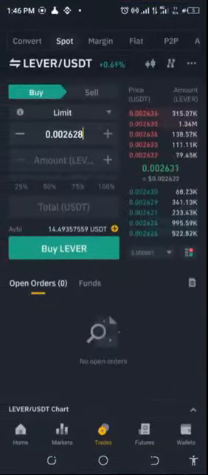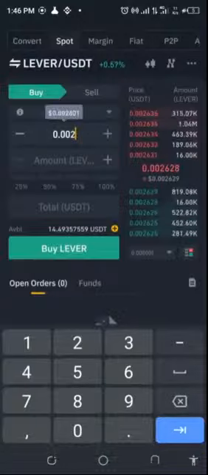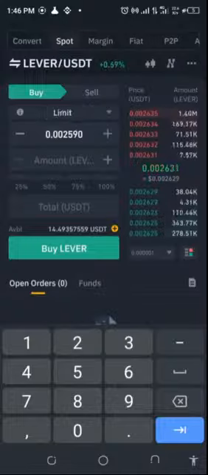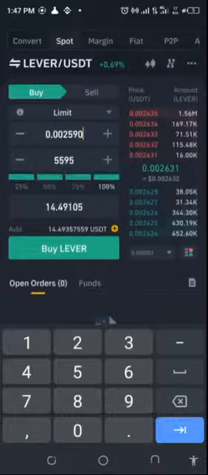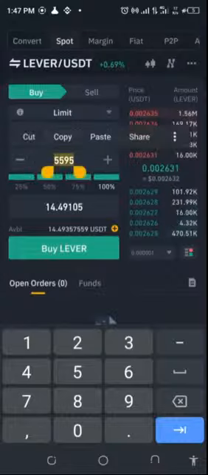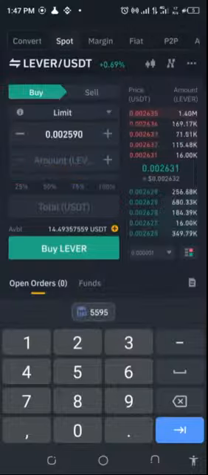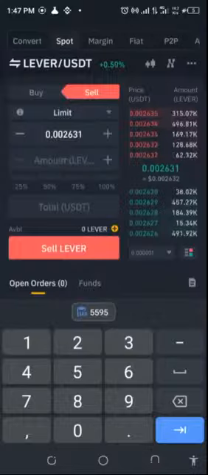So I'm going to change this right now to 2590. Now I'll do a quick simulation and see what we'll get. So we'll get that, and then if I have to sell it, what would I get? Let's see. If I have to sell it, I'll put that here and see.